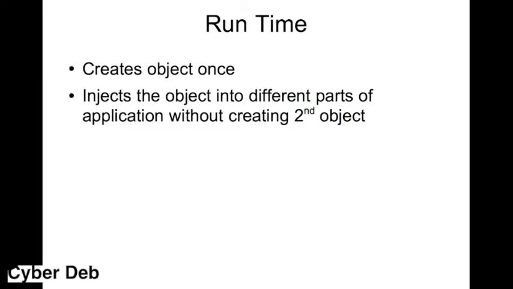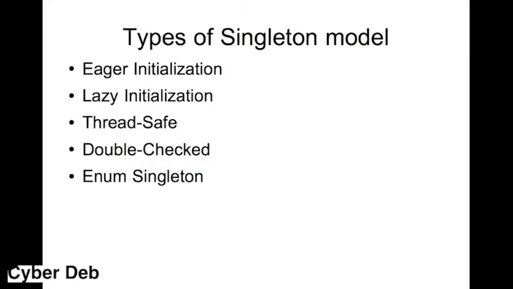For the singleton class which you are going to create, there will be only one object, and that object is going to be injected into the different parts of the application, because one application may have n number of classes, interfaces or different components, controllers, services, a lot of different parts. So we will use only one object of the singleton class.